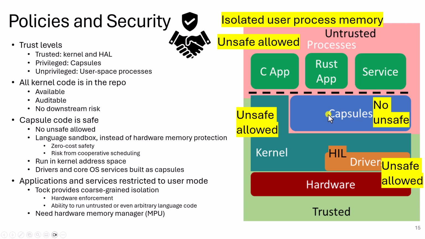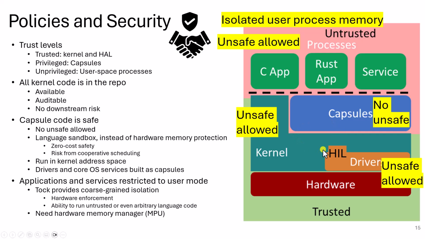The advantage here is that you get zero cost safety because it's done at compile time. Now, with the capsule code, there is the risk that if the capsules hang, if they're not cooperative in that kernel event loop, they can hang the system. So it is important to make sure that the capsules won't hang the kernel.